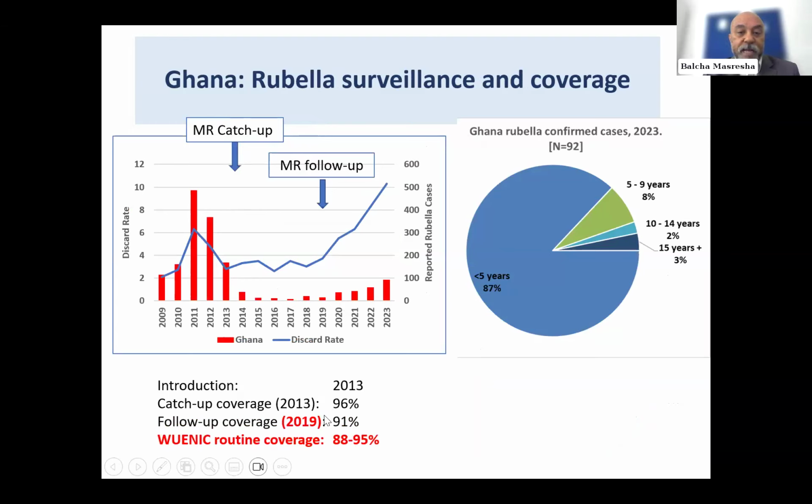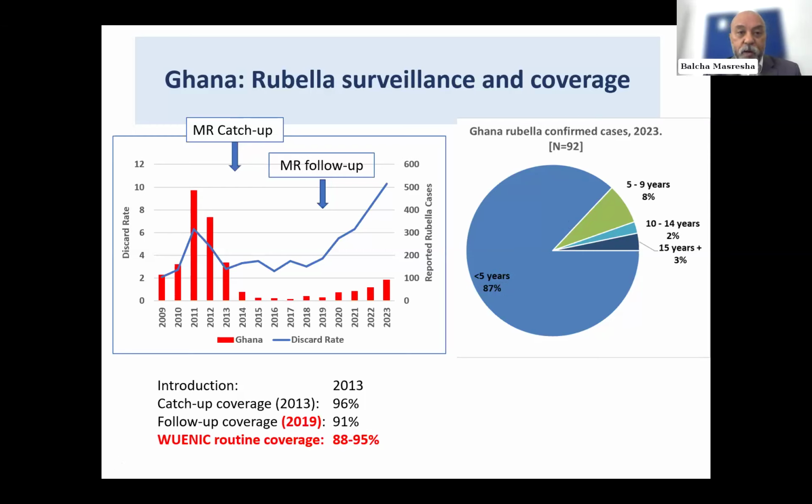After 2013, Ghana did a campaign 6 years delay in 2019, even though it had fairly high coverage, 91%. But in between, the routine immunization coverage for Ghana started slipping a little bit. And as you can see, the majority of cases, 87%, are in the age bracket below 5 years of age.